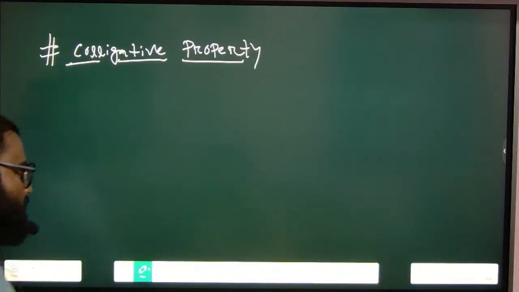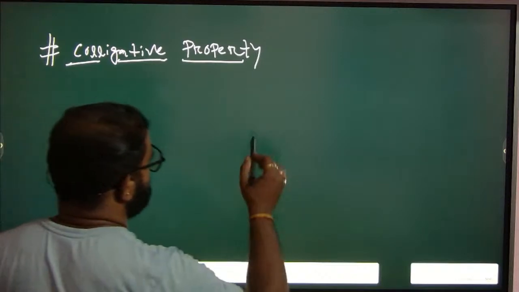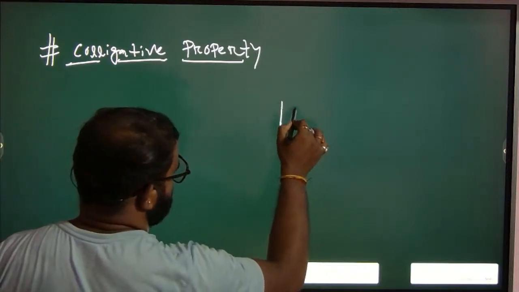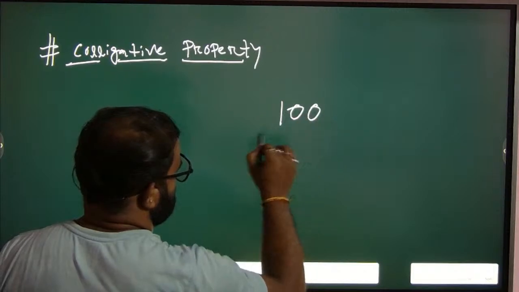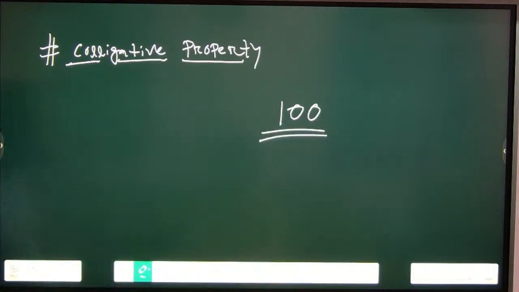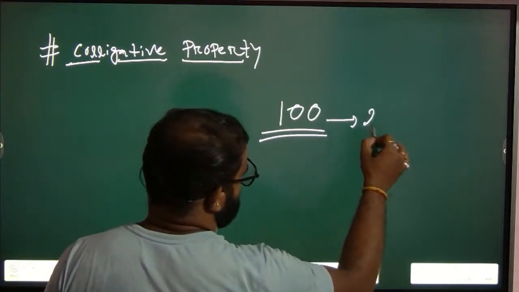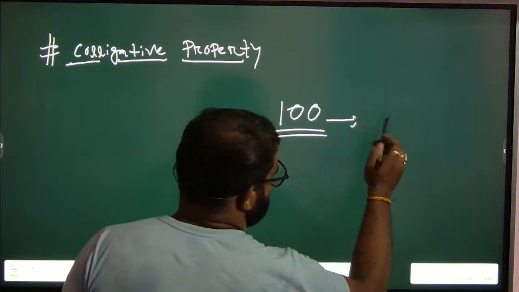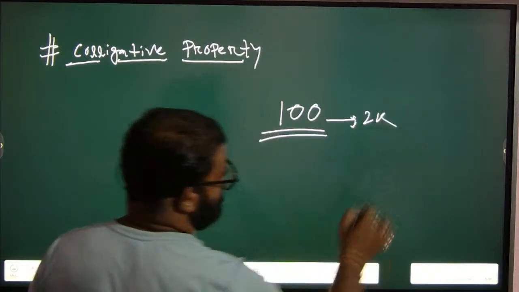Suppose again I will come to the tuition batch. A teacher has 100 students. Everyone pays. In this case, how much? 2K.